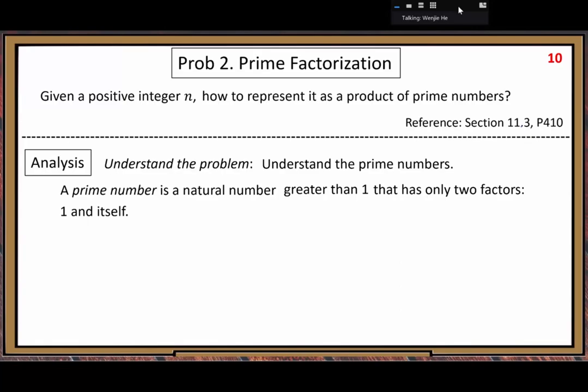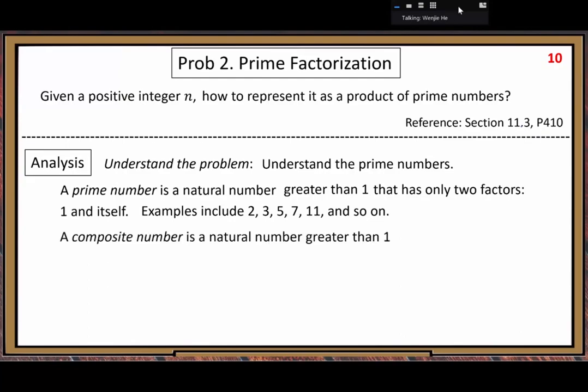1 is always a factor of any integer, and itself is also always a factor of itself. Other than these 2, prime numbers have no other factors. Here are the first few examples of prime numbers. A composite number is a natural number greater than 1 that is not prime.